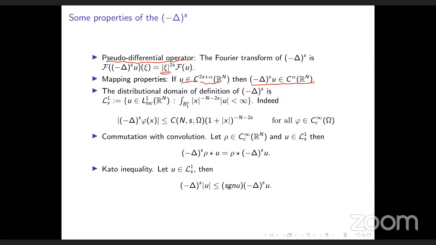So just to mention that for the regional fractional Laplacian, this is not true. For the distributional domain of the operator, which is very important, it is defined by the space L^1_s, which is the space of functions for which you have integrability far away at infinity.